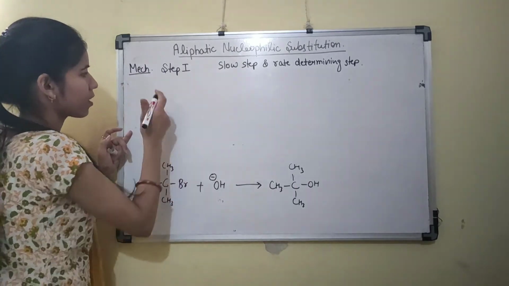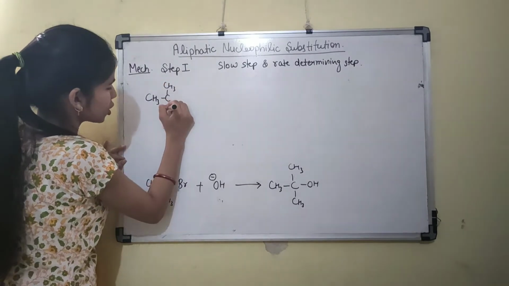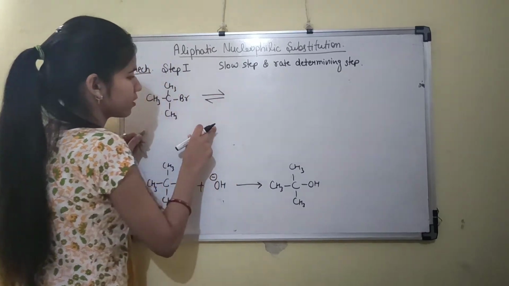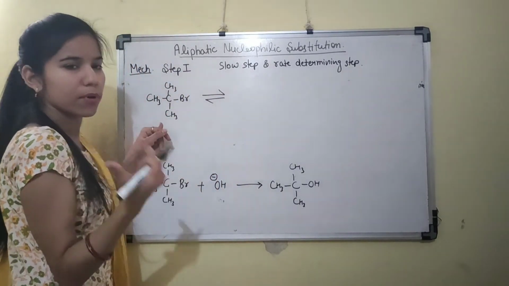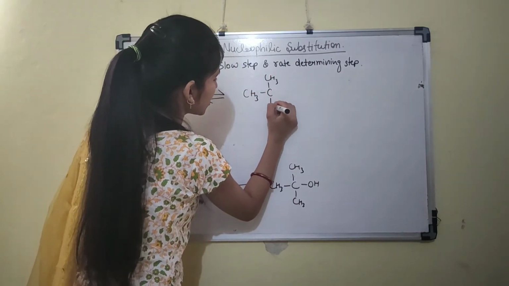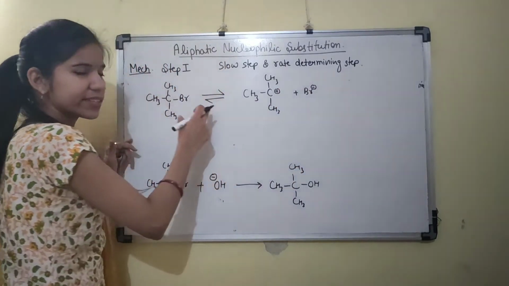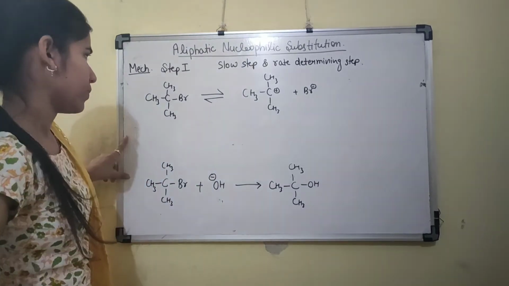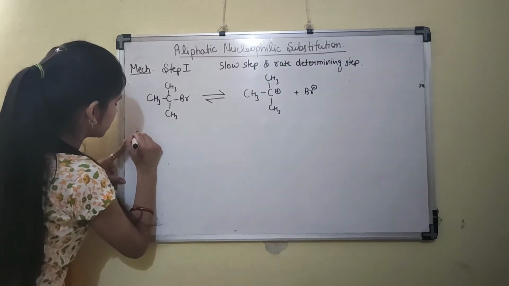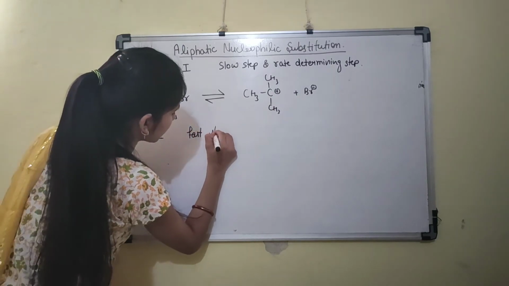In this, t-butyl bromide, that is CH3, CH3, CH3, Br, when the reaction is carried out, forms a carbocation, CH3, CH3, CH3 positive, plus Br negative. And this step is a slow step. And the second step, step second, is a fast step.